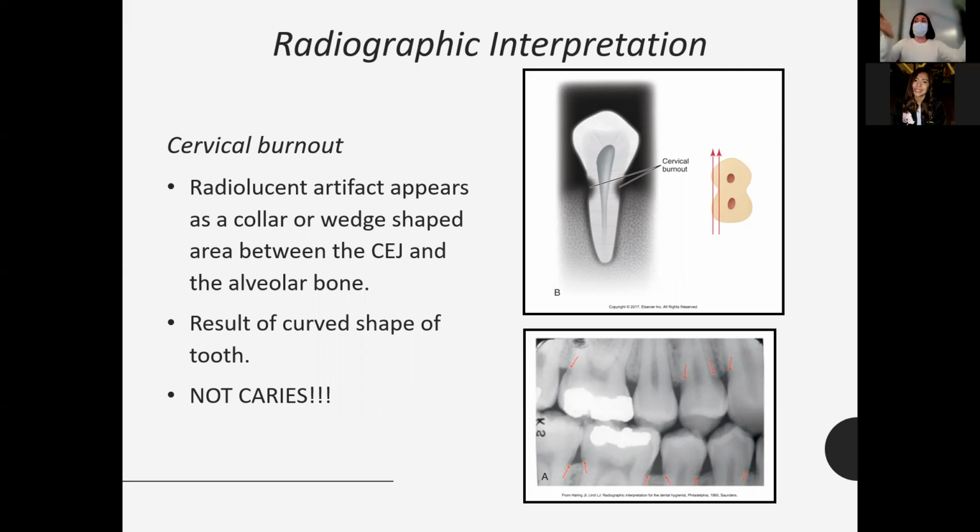If you're taking an x-ray from front to back and you have the root depressions like this, that middle area is less dense, right? Because of just the shape of the root.